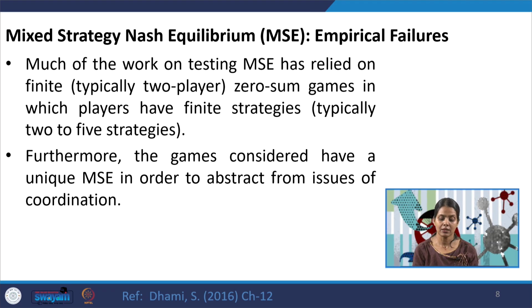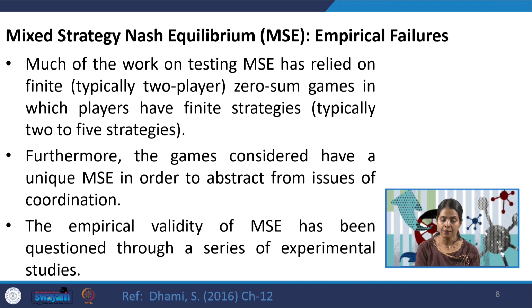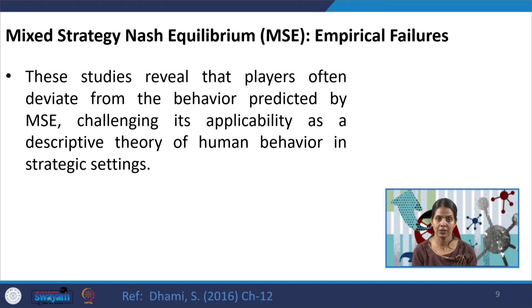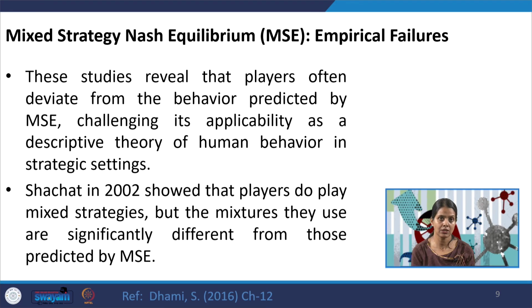Furthermore, the games considered have a unique MSE in order to abstract from the issues of coordination. The empirical validity of MSE has been questioned through a series of experimental studies. These studies reveal that players often deviate from the behavior predicted by MSE, challenging its applicability as a descriptive theory of human behavior in strategic settings.